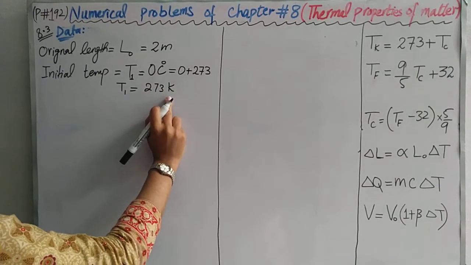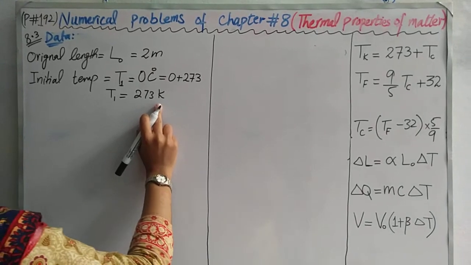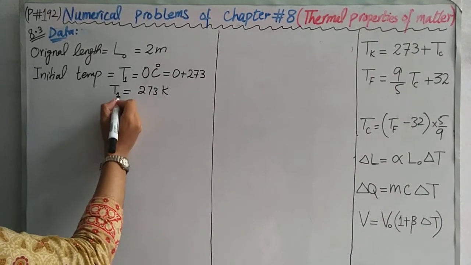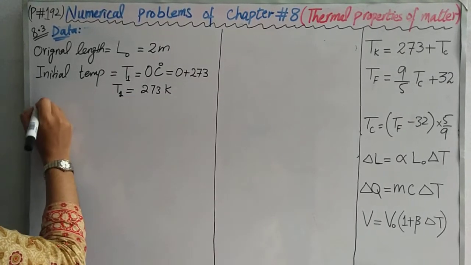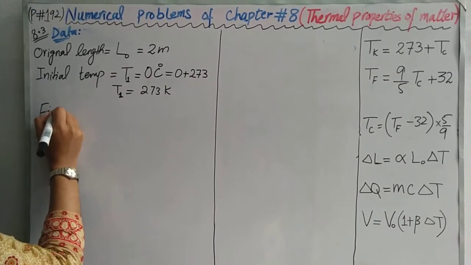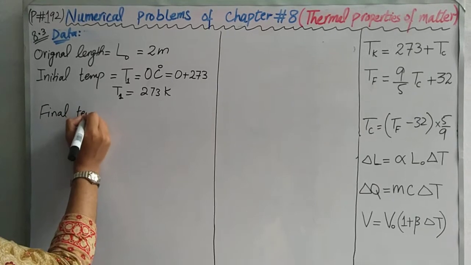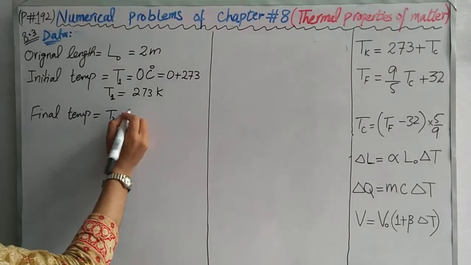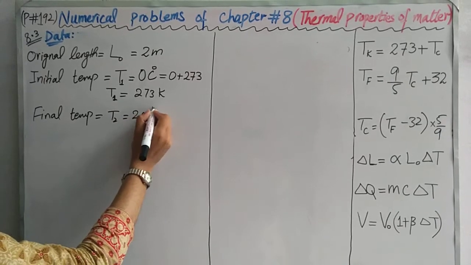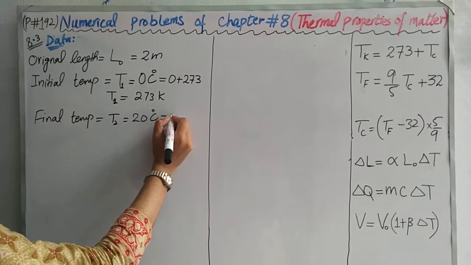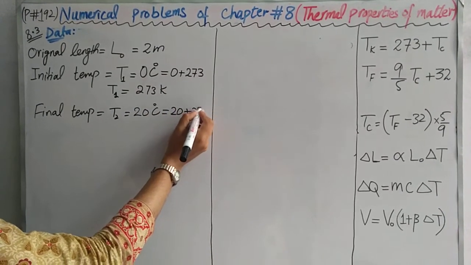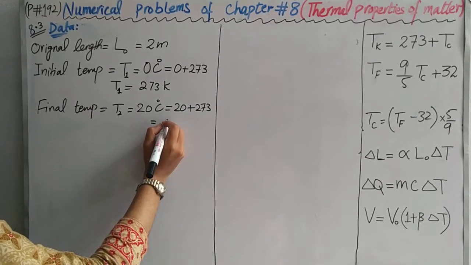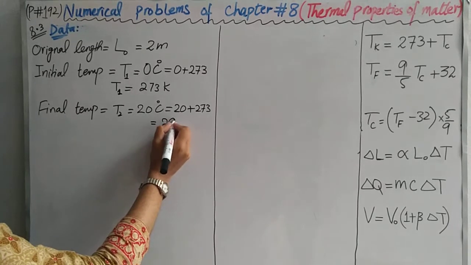T1 is in Kelvin scale, that is the practical scale used in most industry. Now final temperature T2 is equal to 20 degree centigrade. Again we will convert into the Kelvin scale. 20 plus 273 is equal to 293 Kelvin.